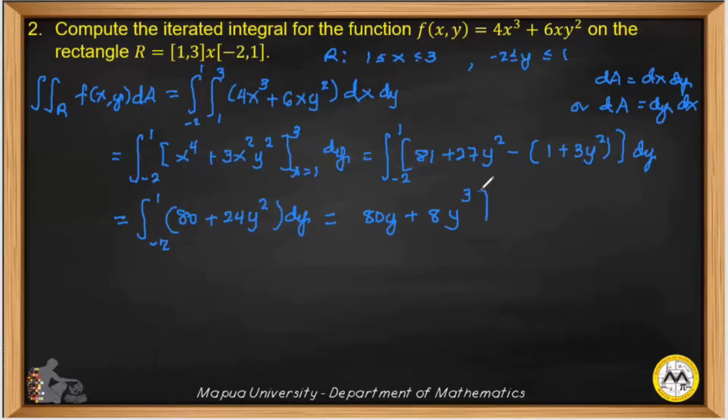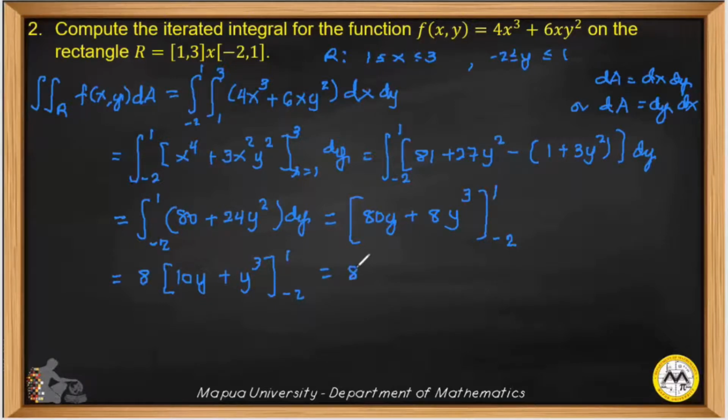And this must be evaluated from the lower limit y equals -2 to y equals 1. Now, please take note again that we have a common factor, which is 8. It will be easier if we factor out the common factor 8 and then just evaluate 10y plus y cubed within the limits of integration from -2 to 1.